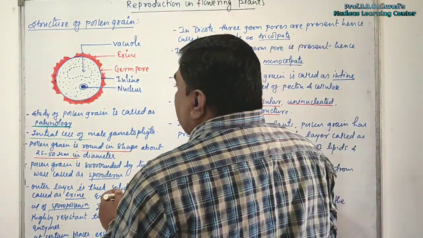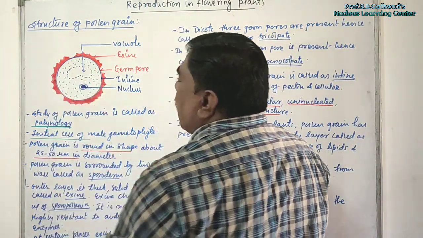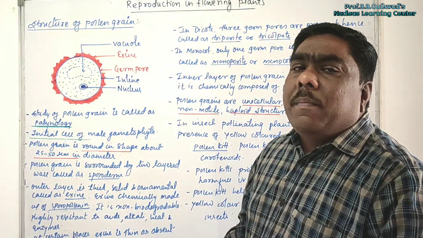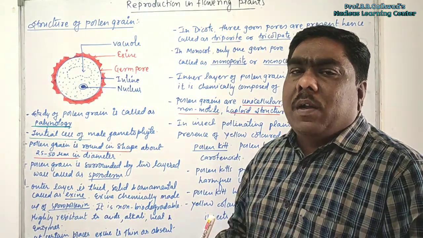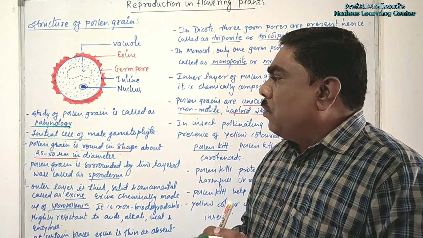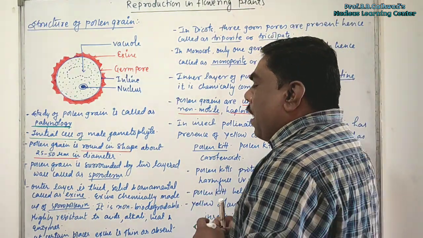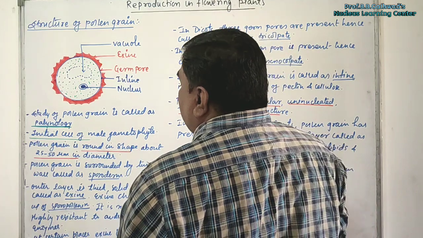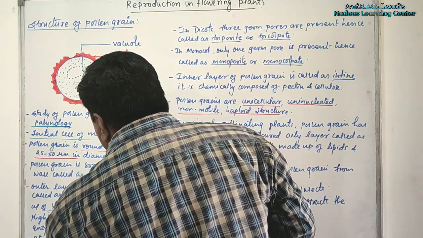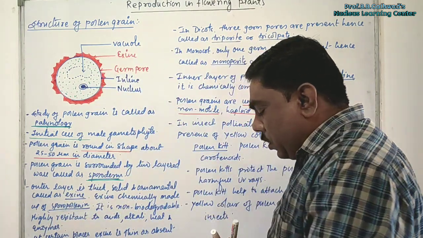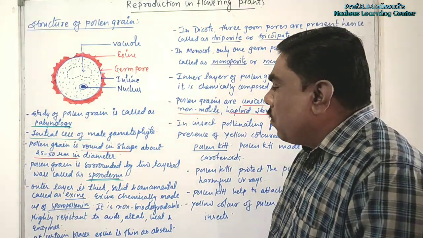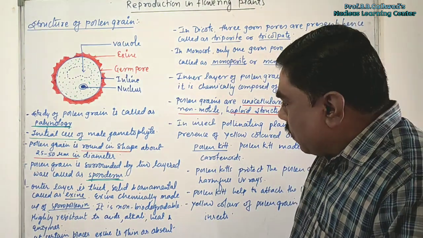Next, this pollen grain is surrounded by a double layered wall. हर एक pollen grain में दो layers होती हैं, and the wall is composed of two layers, and these two layers are together called the sporoderm.